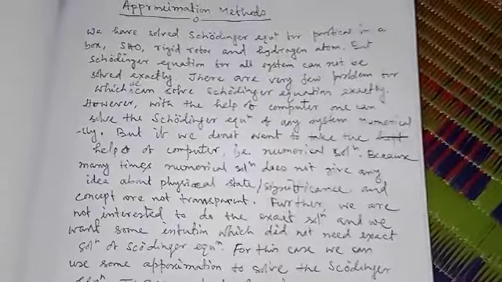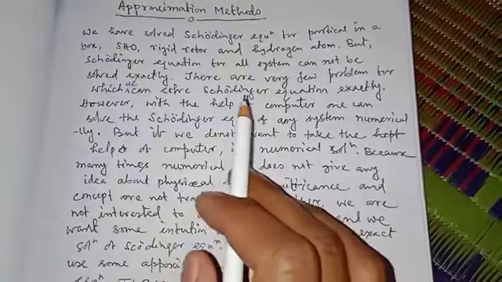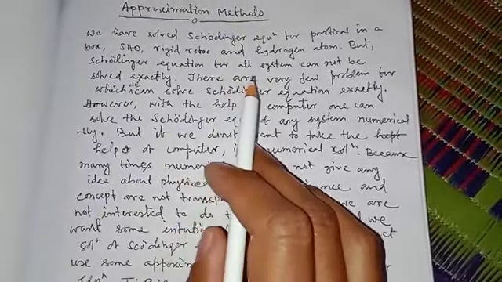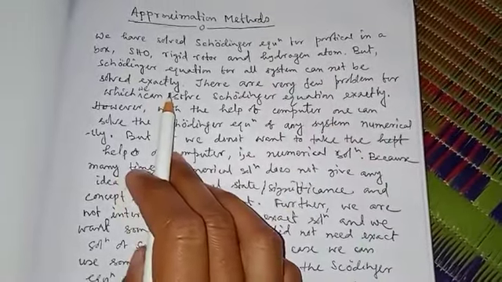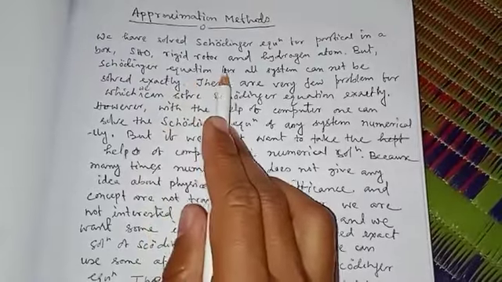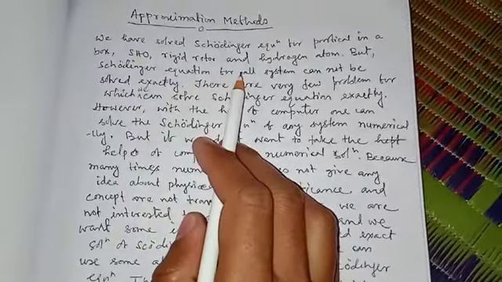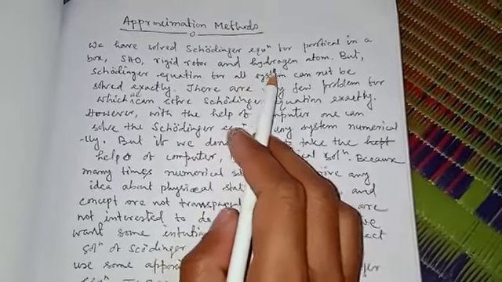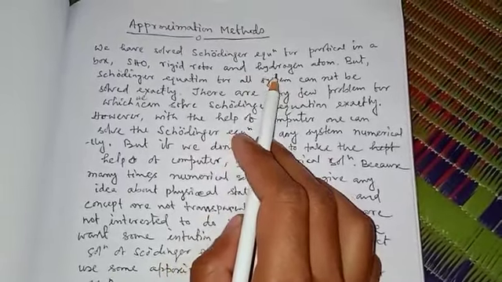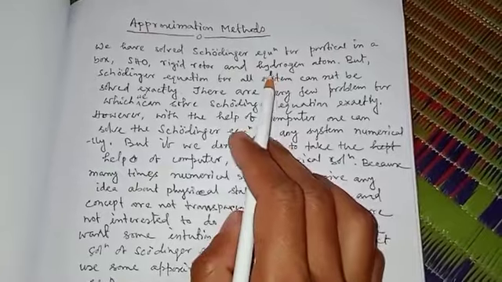So far we have noticed that we can get the exact solution of the Schrodinger equation for a particle in a box, simple harmonic oscillator, rigid rotator, and hydrogen atom. Beyond this, when we go to higher atomic numbers, that is helium and onwards, what happens?